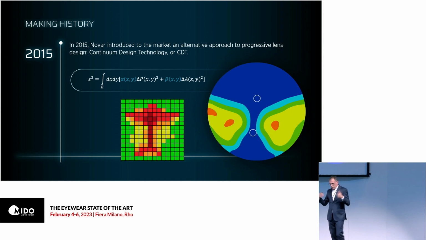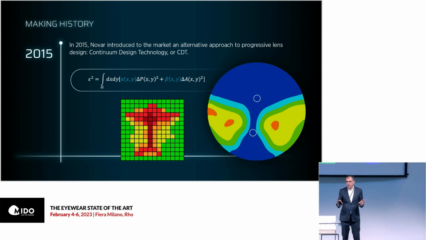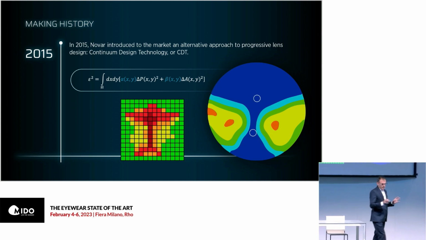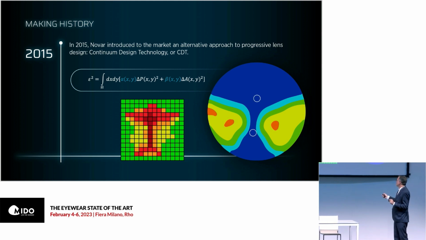So, summarizing, we are not able to create lenses without aberrations, but we need some kind of functions to tell the math what part of the lens is more important for us, okay? And we do that through these two functions, alpha and beta.